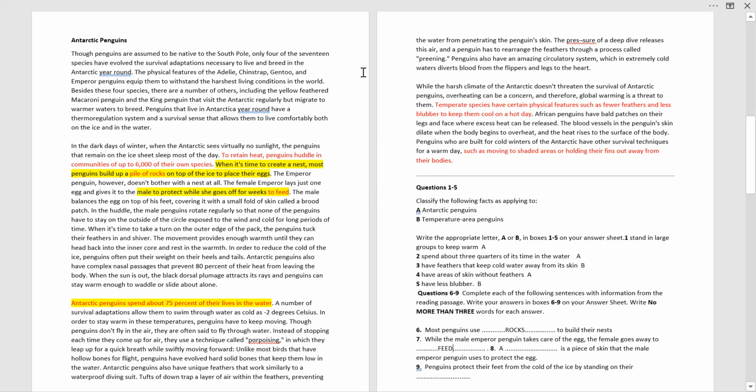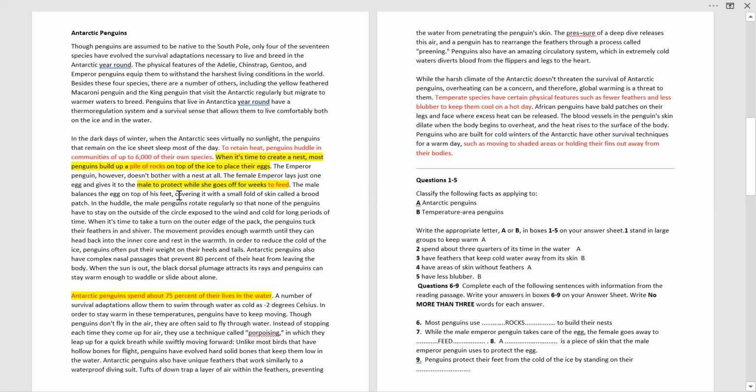Right? And the next one, a dash is a piece of skin that the male emperor penguin uses to protect the egg. So here we are reading that the male balances the egg on top of his feet, covering it with a small fold of skin. What is that fold of skin called?